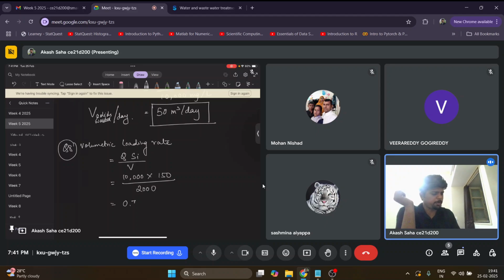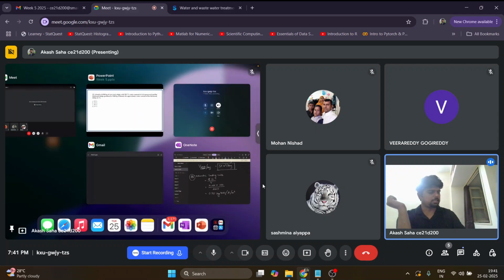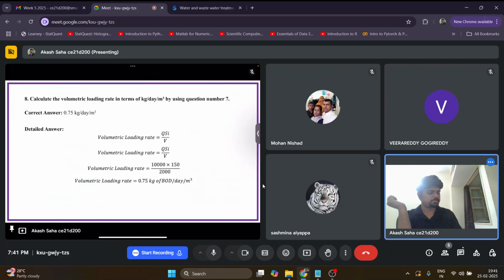So it is 0.75 kg BOD per day per meter cube. Very direct, there are no challenges there to find the answer. So same thing, right? Next question.